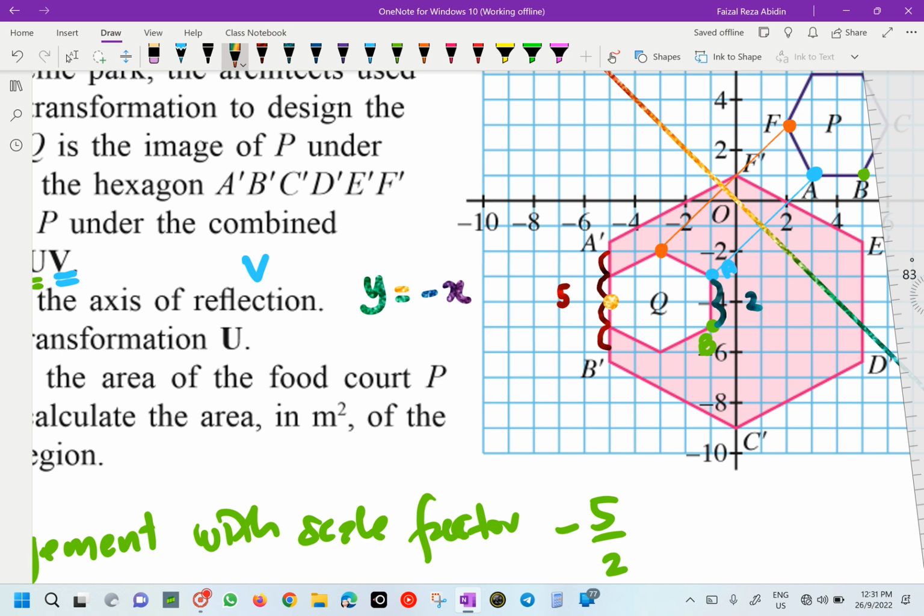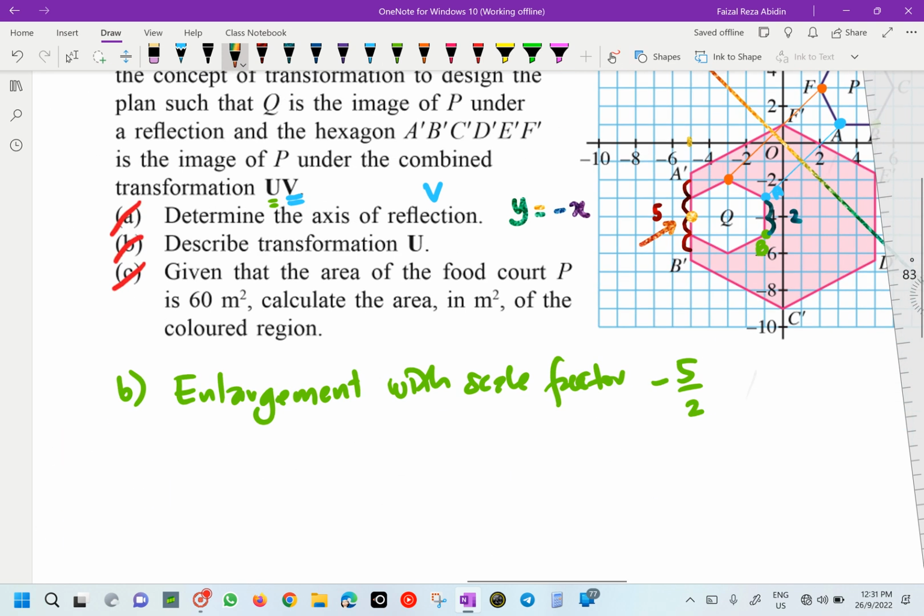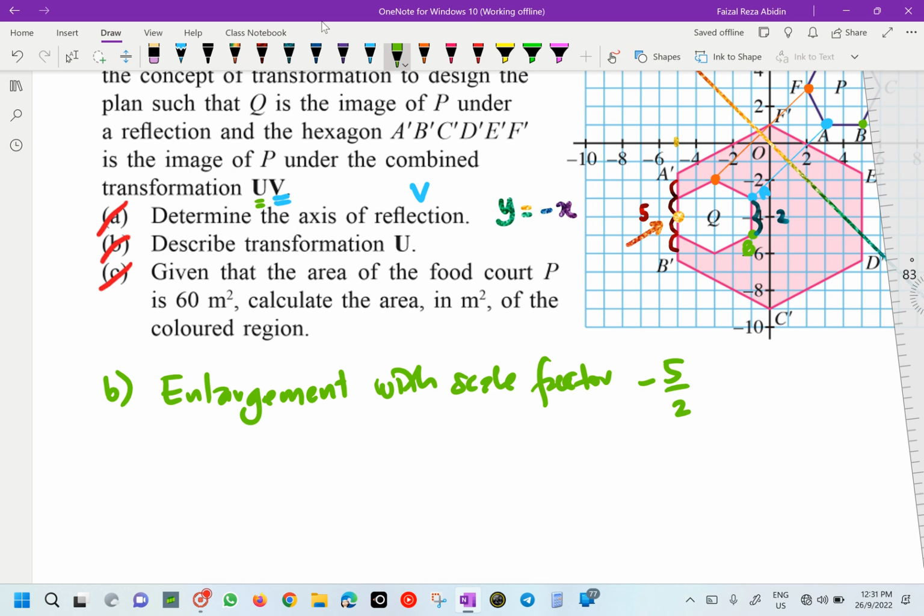So the center here is going to be negative 5, negative 4. With our center at 5, negative 5, negative 4. Can?